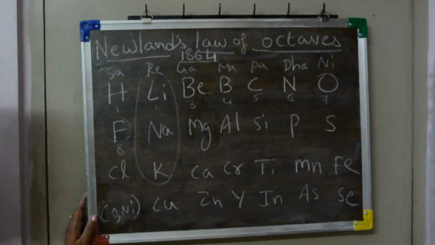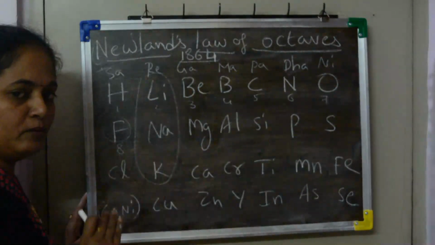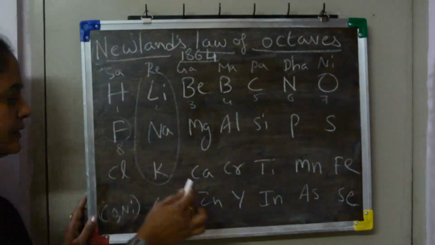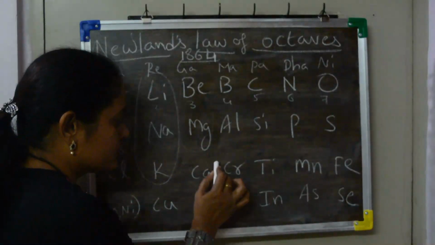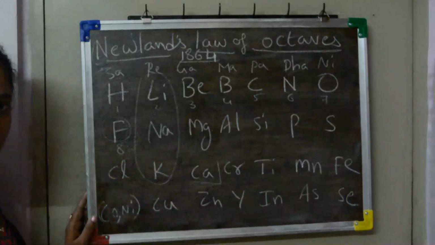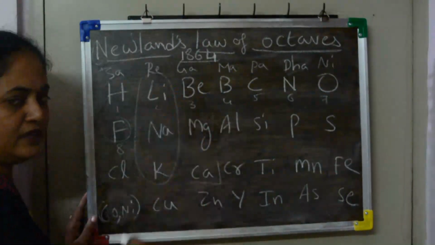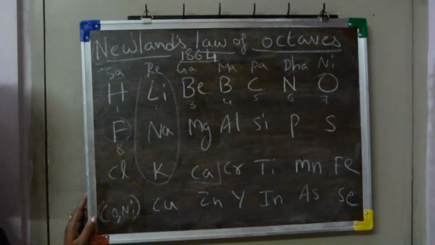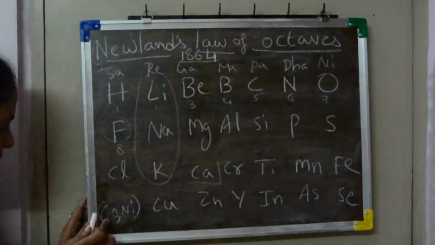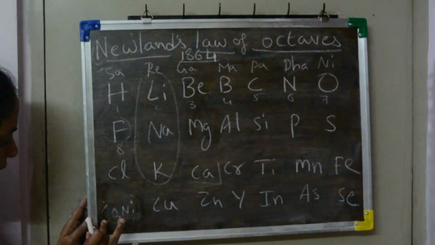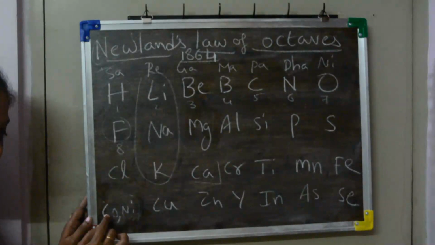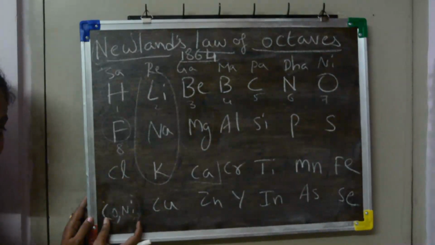But when he was arranging more and more elements, the attempt was successful only till the element calcium. After that, chromium properties were not matching with aluminium properties. And when he arranged, you must have seen here, he arranged cobalt and nickel both in the same column.